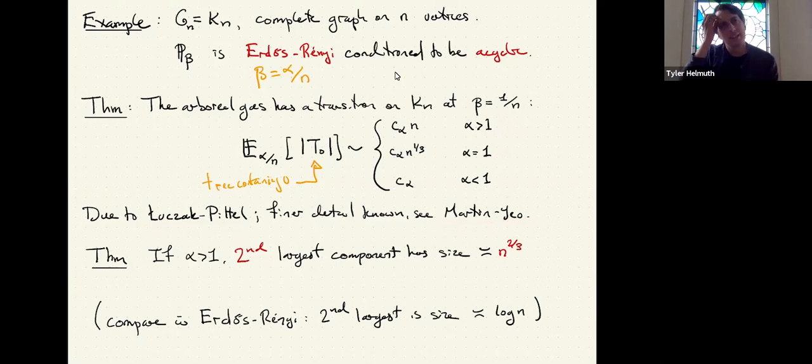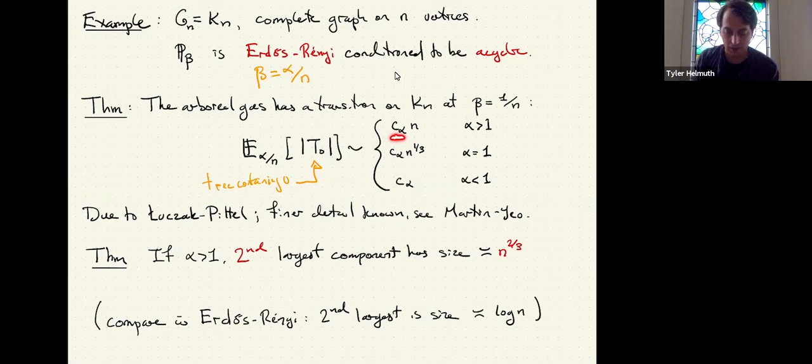So this might be, in some sense, discouraging because it looks like it's behaving exactly the same as Erdős-Rényi, and you would expect this conditioning to actually do something. I mean, it's a pretty severe conditioning. So it actually does do something. So one is that this constant in the supercritical case is actually different from Erdős-Rényi.